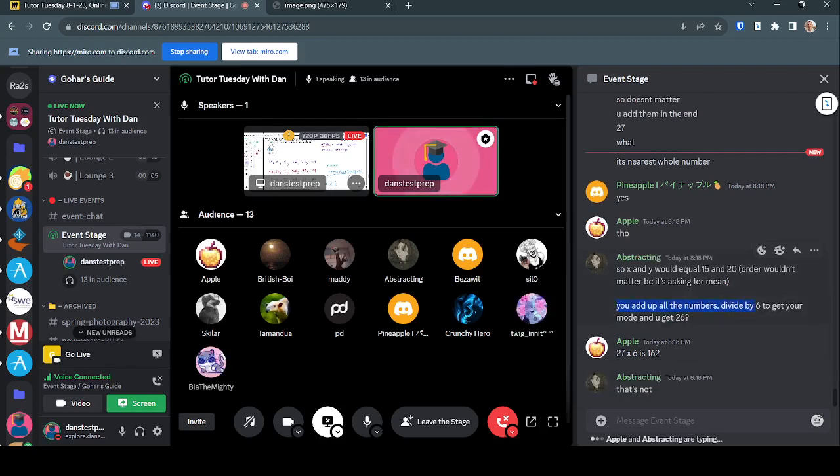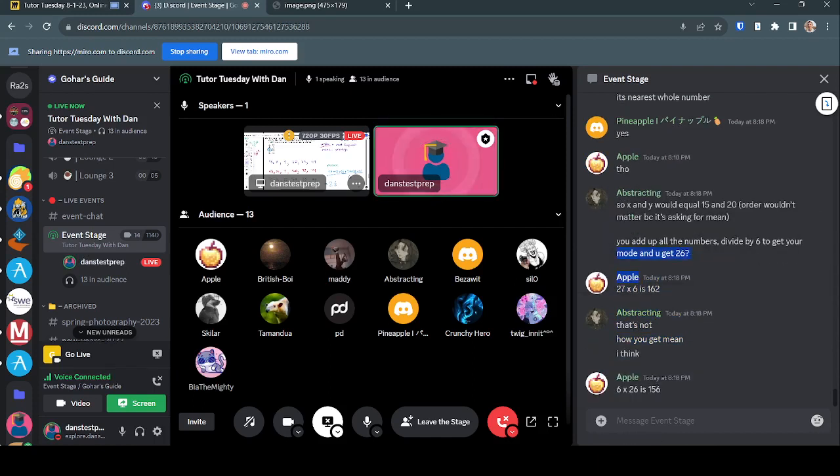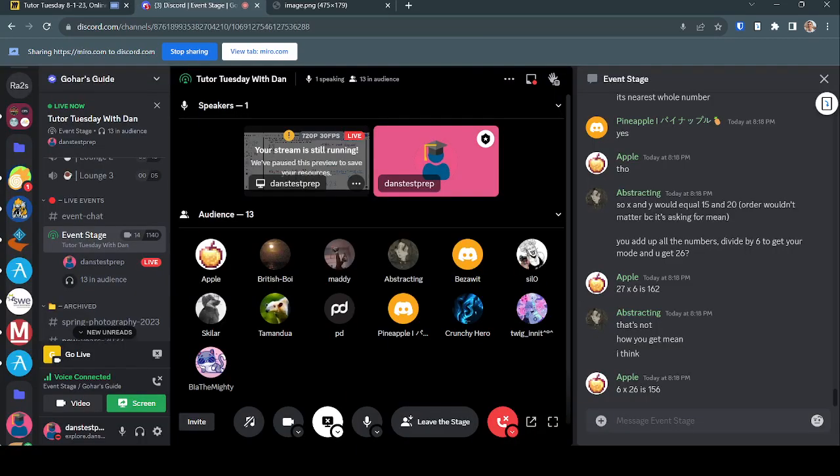Add up all the numbers, divide by 6 to get your mean, and then you get 26. If you guys are getting these numbers, it should be 15, 15, 20, 30, 35, and 41 divided by 6, and this should add up to 156, which when you divide it by 6 will get you 26.